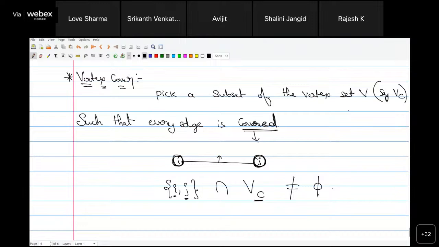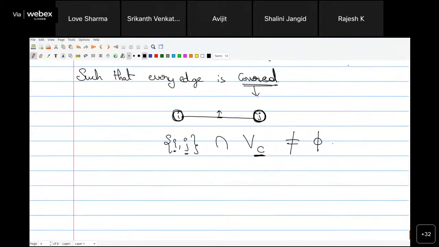If both are not there, then this edge is not covered, and then this particular VC is not a vertex cover. So vertex cover is finding the subset of the vertex set such that the subset intersected with any edge's vertices should not be the empty set. We will take an example and understand this better.